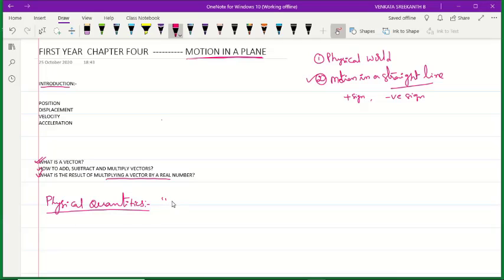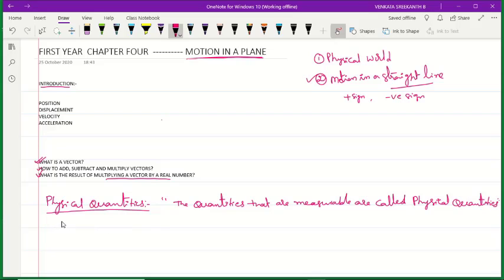I will write the definition. See here, the quantities that are measurable are called physical quantities.